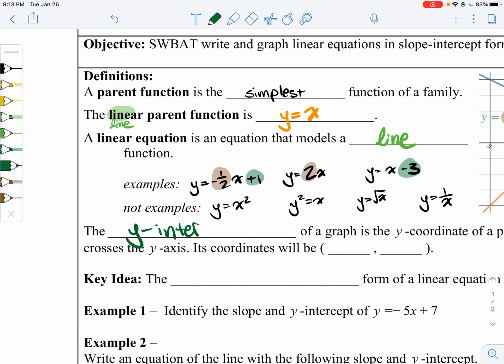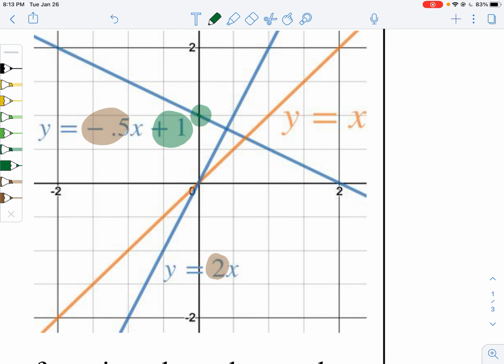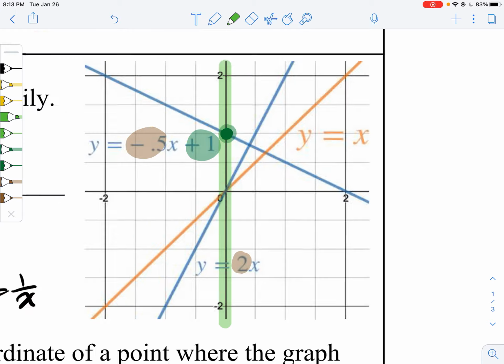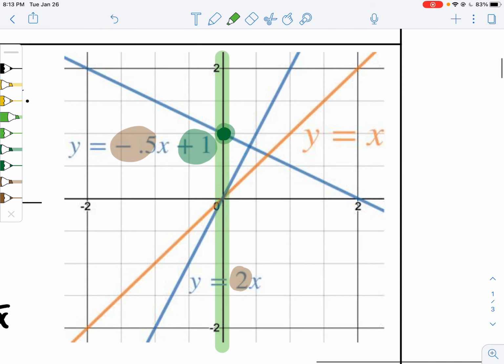Just like in football, when you intercept a catch, you run into something, or if you intercept an enemy transmission, you catch it. The y-intercept is where the line runs into the y-axis, where the y-axis catches the graph, in essence. You'll notice that the y-intercept is right on the y-axis right here.